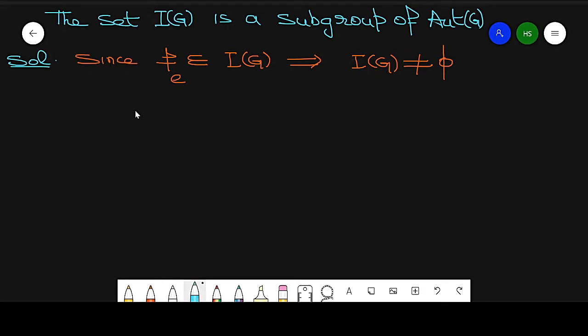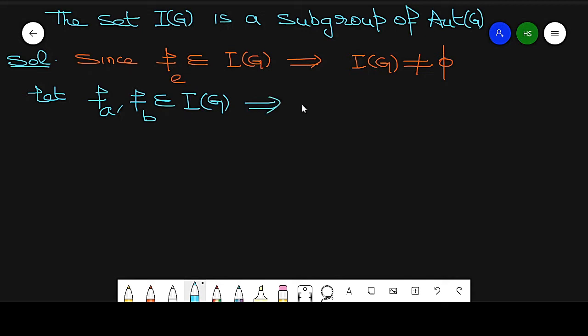Now to prove the subgroup, I take two mappings: let f_a, f_b belong to I(G).